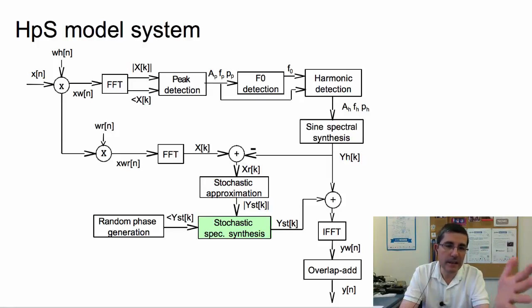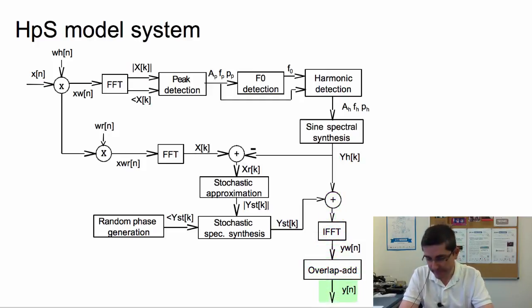The idea is filtering white noise, but in the implementation it is basically taking the phases of random numbers and applying the stochastic approximation magnitude spectrum. And this results in a spectrum that can then be summed to the spectrum of the harmonics, and we perform exactly the same thing that we have done before: the inverse FFT and the overlap-add.